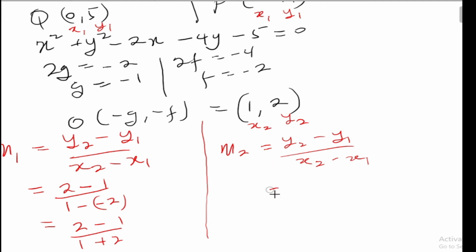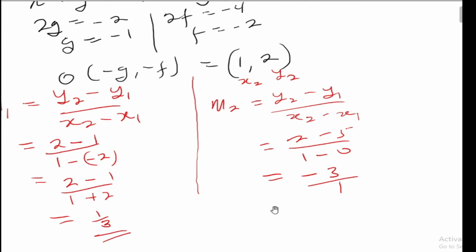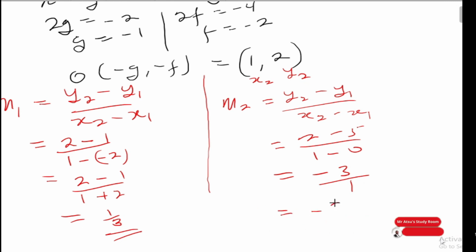So my M2 is going to give me 2 minus 5 all over 1 minus 0. 2 minus 5 is -3 over 1 minus 0 is 1, which will give us -3 as our M2, or the gradient of QO.